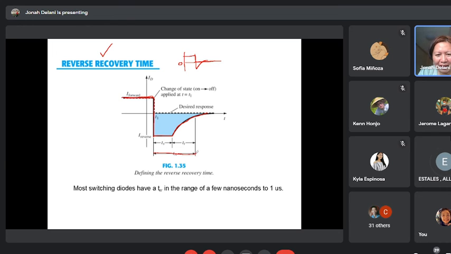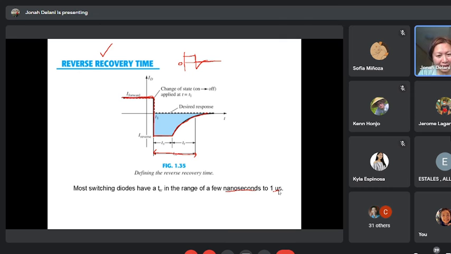Now this is not too significant for ordinary applications because the reverse recovery time is so short, nanosecond to 1 microsecond. 1 nanosecond is around 1 times 10 to the negative 9 second, right? Microsecond is around 1 times 10 to the negative 6. That is faster than our blinking.